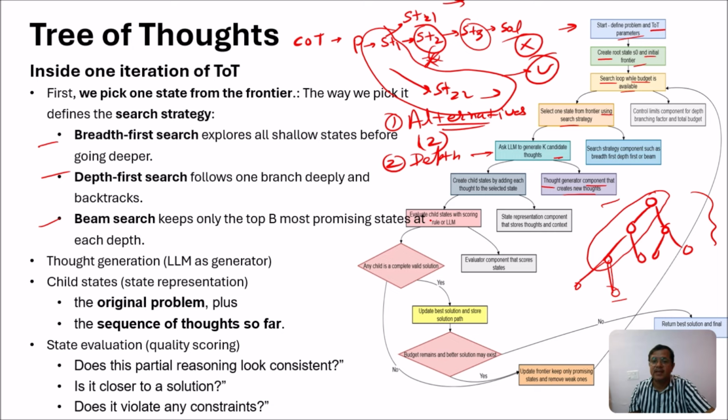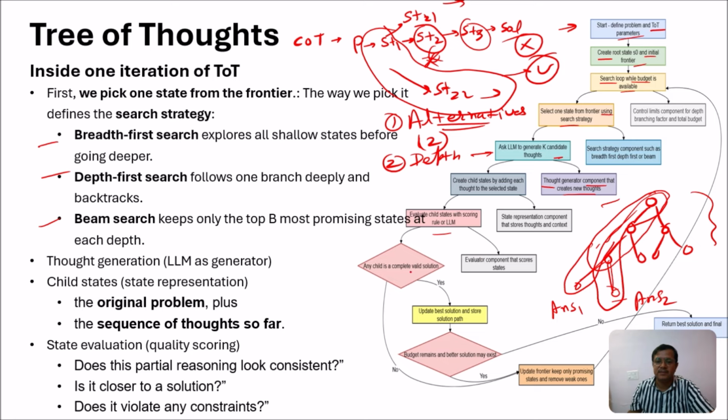And after that, evaluate the child states with a scoring rule or LLM. So here we can check both paths, this path and this path, through LLM as a judge or through some scoring mechanism, because this will generate answer 1 and this will generate answer 2.